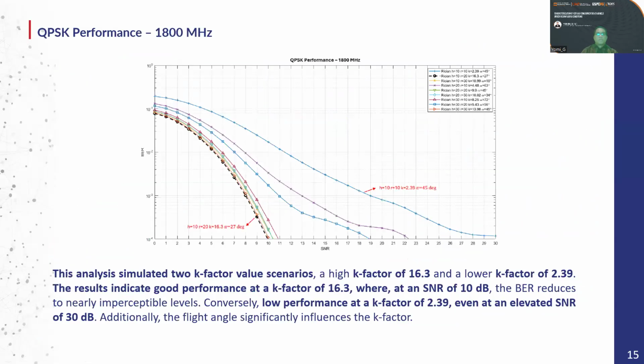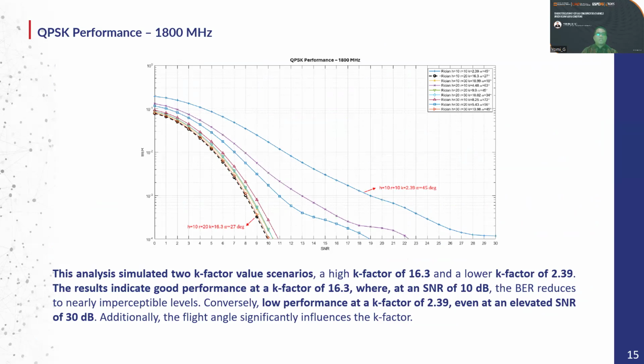And next, the simulation result indicates that good performance is achieved with a K-factor of 16.3, where at an SNR of 10 dB, the bit error rate decreases. This shows that a signal with a high K-factor maintains good quality with minimal transmission errors.